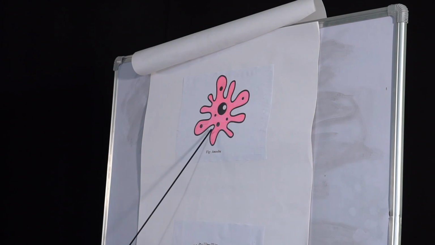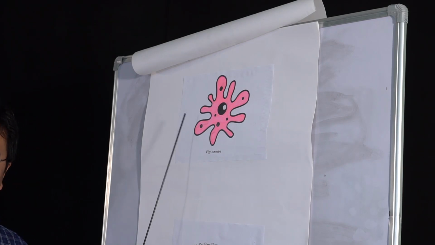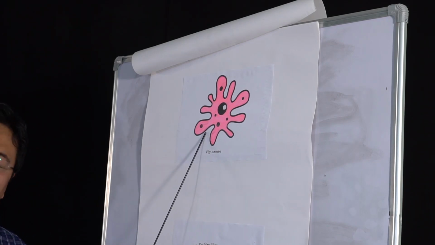Now, if you look at this amoeba, you must be wondering what its shape is. When we look at the amoeba, we wonder what its shape will be. Now, you see, amoeba is one organism that changes its shape all the time.